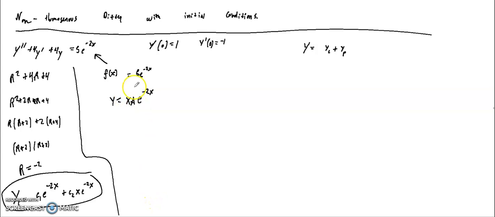We multiply it by x. And we look and, oh wait a minute, we have a constant times x times the same base. And that's the same thing we have here, so we actually need to multiply it by another x. So this equals x squared a e to the negative 2x. And that is our general form.